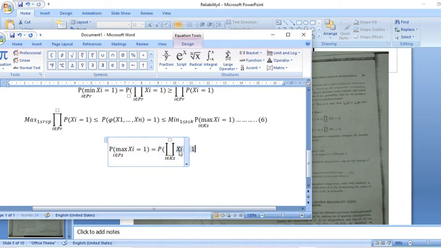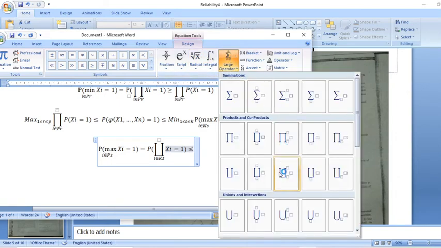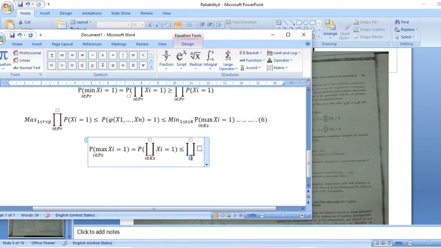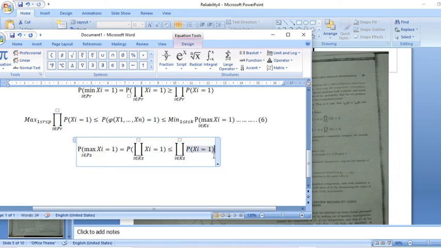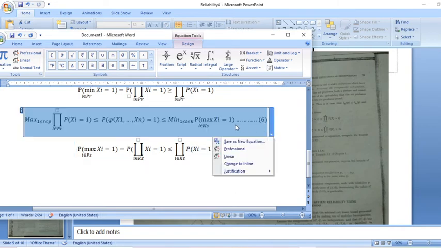Xi equal to 1. But this is less than or equal to, as already proved, what is that expression? Union i belongs to K_s, probability of Xi equal to 1. So we can again rewrite this equation number 6.